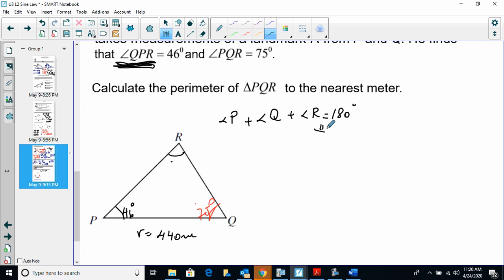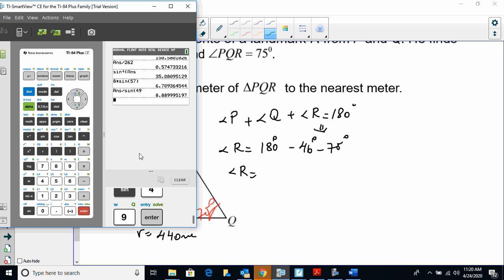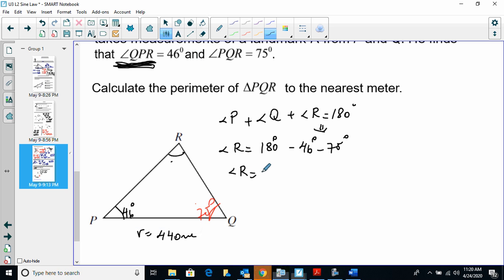From here, we find that angle R is 180 minus 46 minus 75 degrees, which with the help of the calculator equals 59 degrees.